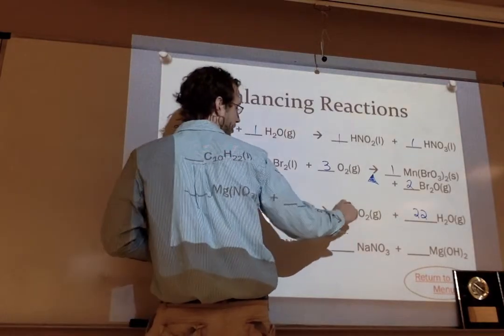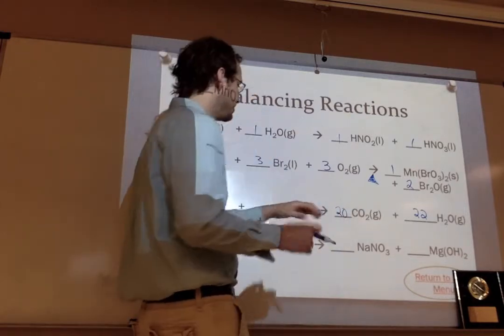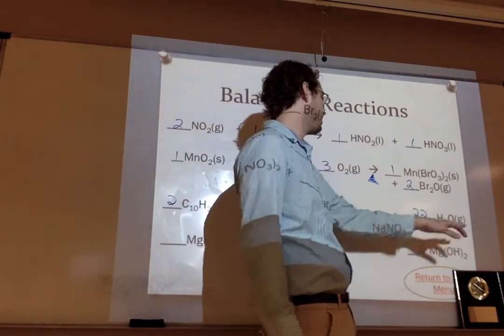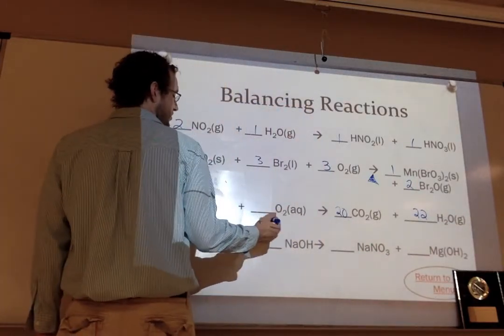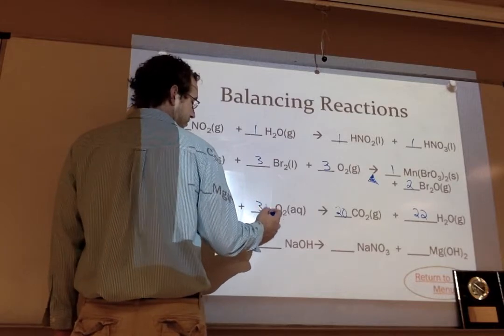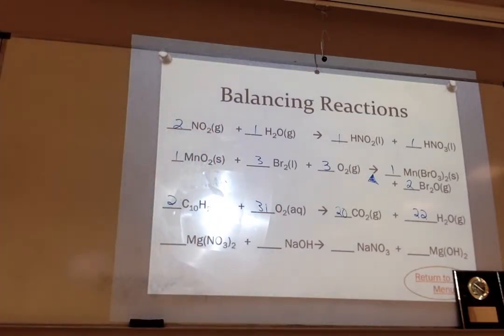So we'll need 20 here. Ooh. All right, oxygens. We've got 40 plus 22 is 62. 2 times what gets you to 62? So 2, 31, 20, 22. Big ol' hydrocarbons. Need lots of oxygens to burn it up.